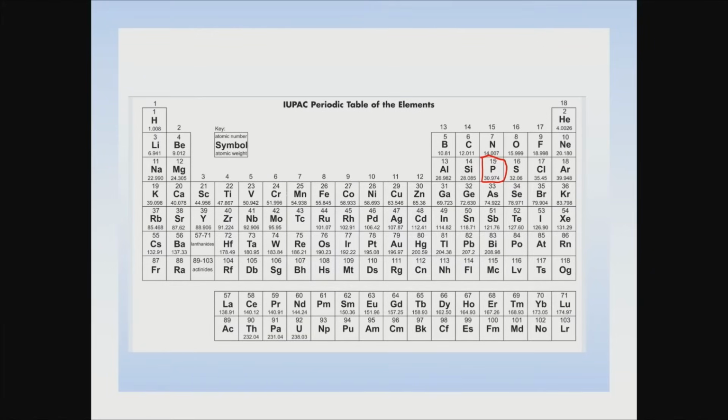Phosphorus has 15 electrons, and the noble gas that just precedes it has 10 electrons, and that is neon. So phosphorus is going to have neon's configuration of 10 electrons, and then you add in 5 more electrons for a total of 15 electrons. So what we might expect is that phosphorus with 15 electrons, its configuration is going to look like this.